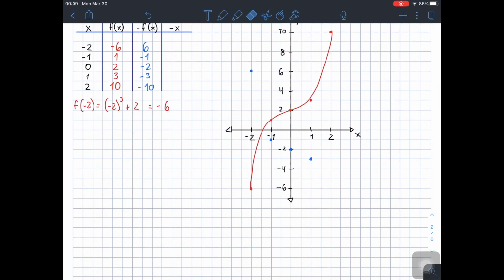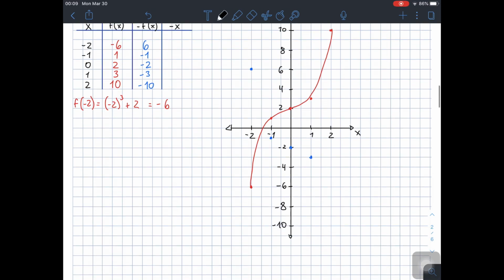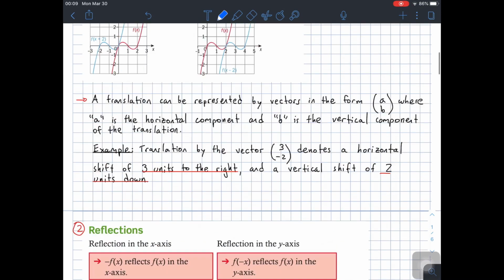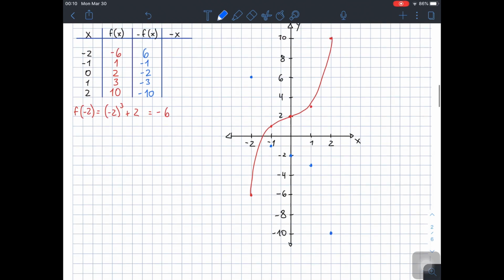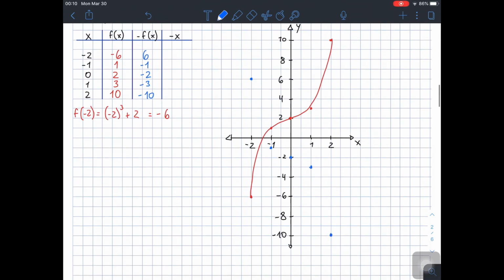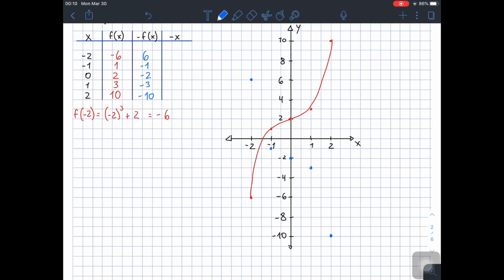I need to extend this axis, negative 8 and negative 10. So the point 2, negative 10 is here. Once again, we join these points without using a ruler, and we will get something like this.